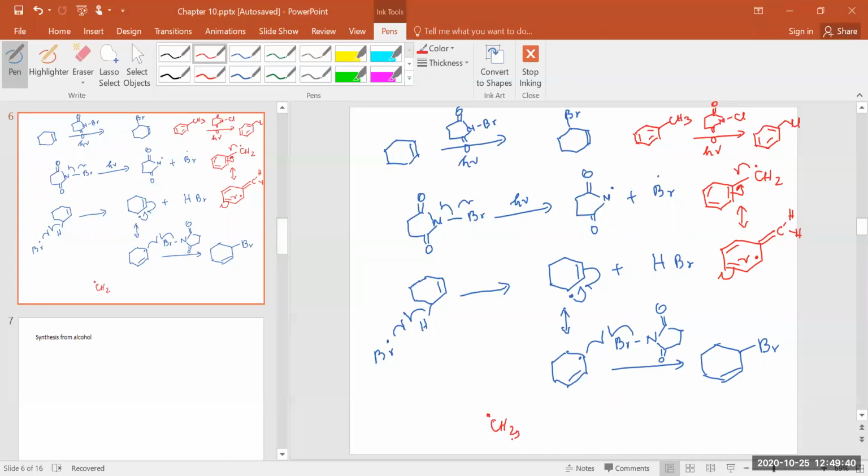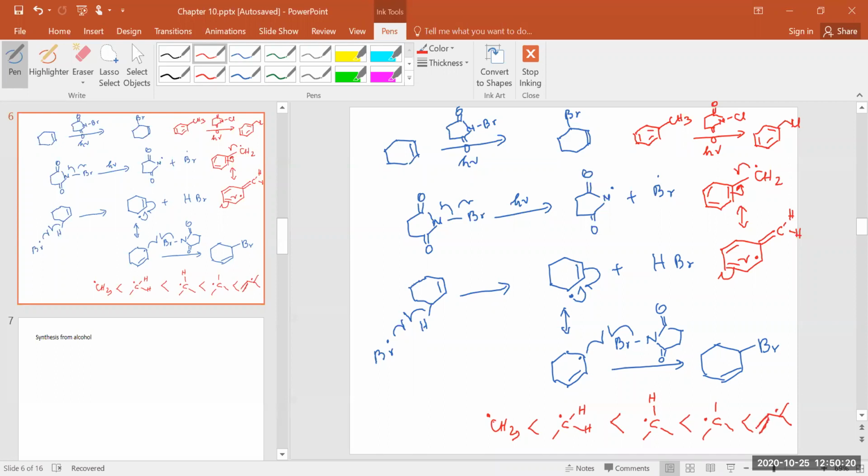Methyl free radical is less stable than primary free radical, and primary free radical is less stable than a secondary free radical, and secondary free radical is less stable than a tertiary free radical, and tertiary is less stable than another with allylic hydrogen or benzylic hydrogen, a benzylic double bond.